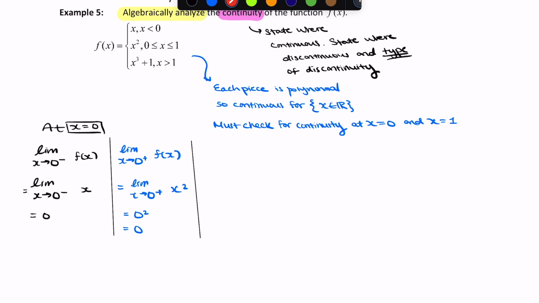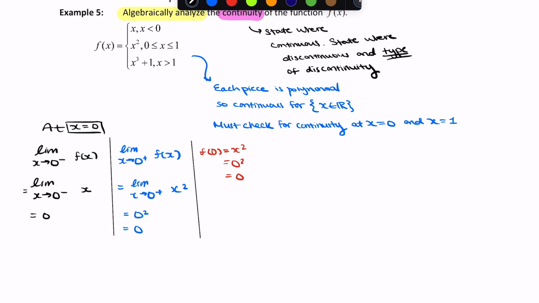Here we have f of 0 is equal to 0 squared, which is again equal to 0. So again, f of a is equal to 0, and the limit as x approaches a is also 0. And therefore, we know that it's going to be continuous.